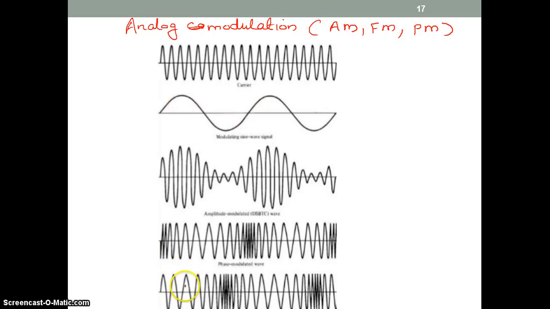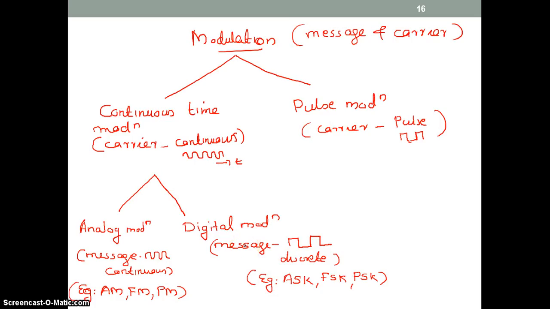When it comes to FM, the amplitude of the carrier is constant all over, but the frequency of the carrier will change according to the instantaneous amplitude of the modulating signal. Look here, when amplitude goes low, frequency is high. When amplitude goes high, frequency is low. Similarly, phase modulation. Now, coming to digital modulation.